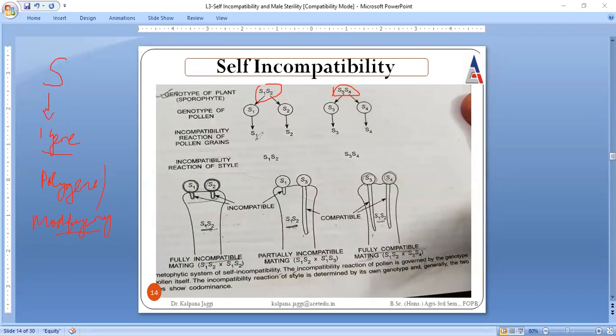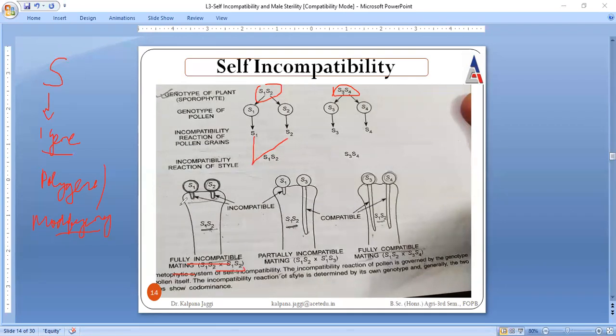If this S1, S2 is mated with S1, S2 only, that means if it is allowed to mate with another S1, S2, then this is the case of fully incompatible mating.